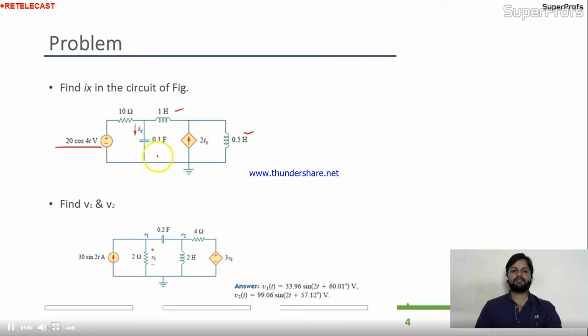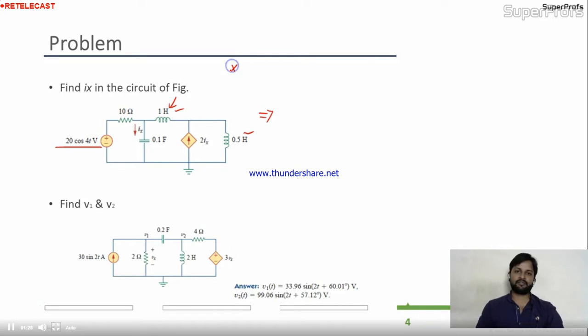Okay, so come to the point. He is asking to find out the Ix. Where is the Ix? Ix is over here. While solving this circuit, first convert this circuit in the form of impedance. Here, if you observe this inductor, they are given the value of inductance, but I need the value of reactance.